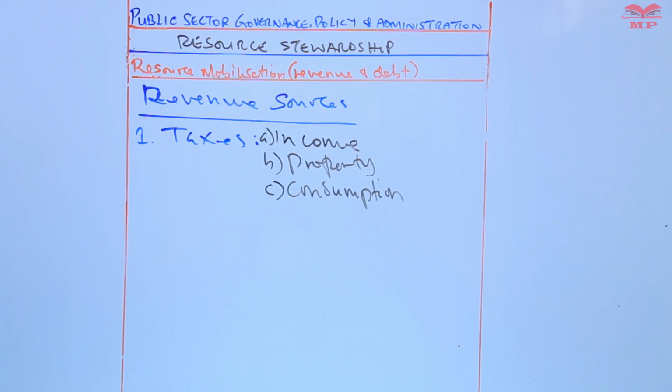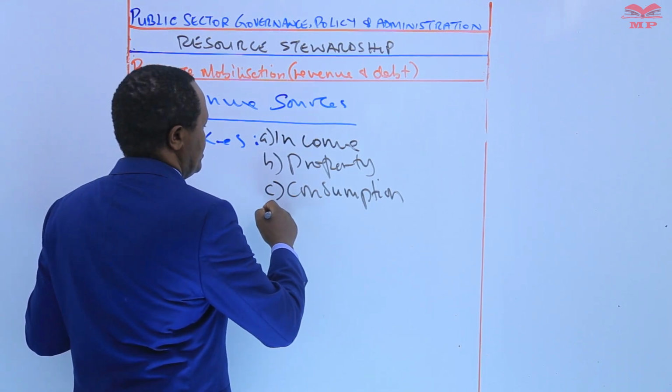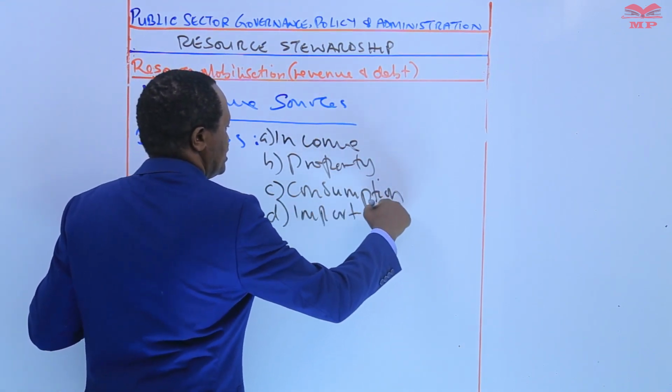Then we may also have taxes on other things, on specific activities or transactions such as import tariffs, excise duties. Import tariffs.